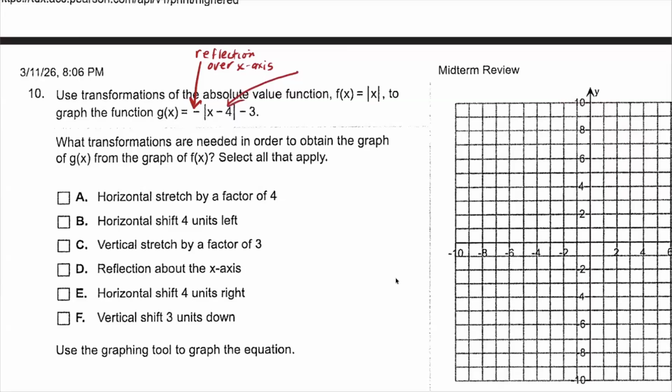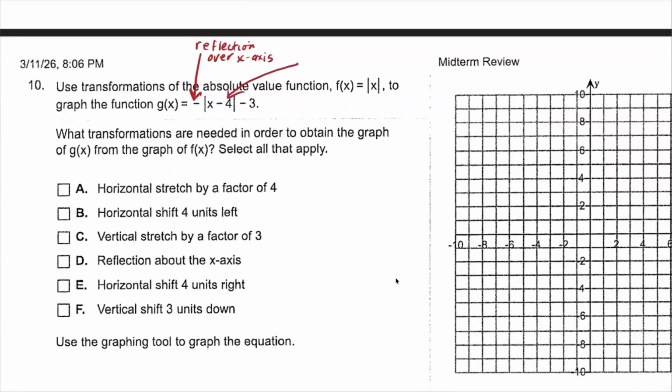This -4 represents a horizontal change, or a horizontal shift from the origin, but it's a shift in the right direction, a horizontal shift right. And there are all kinds of little tricks that people teach for you to memorize that this is a horizontal shift to the right 4 spaces.